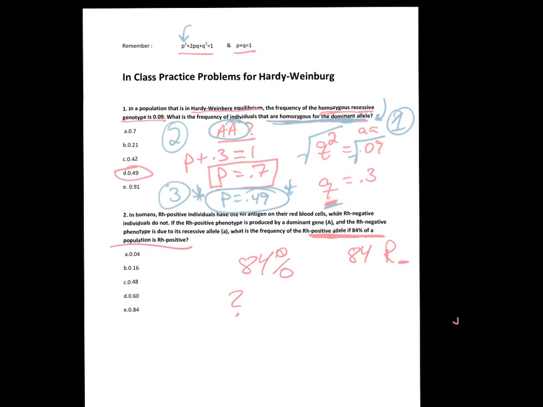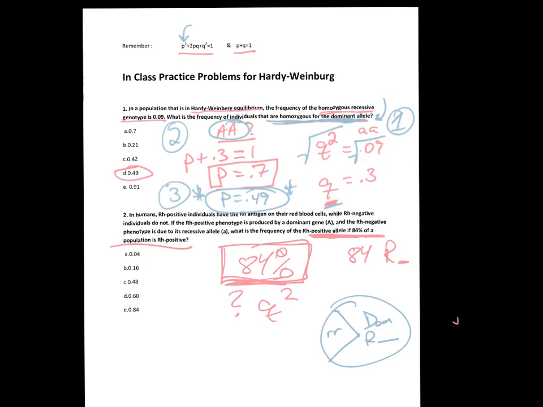What's my q squared if I know that all my big R people are 84%? If you think about the whole pie, most of this pie is dominant, so it's big R blank. What's left? Only little r. So q squared is what's left over.